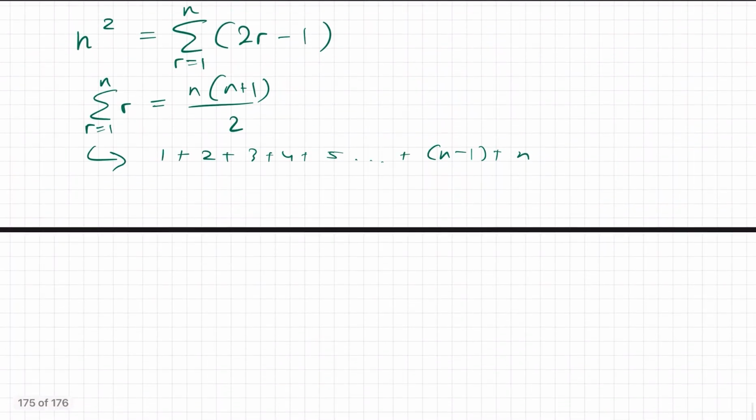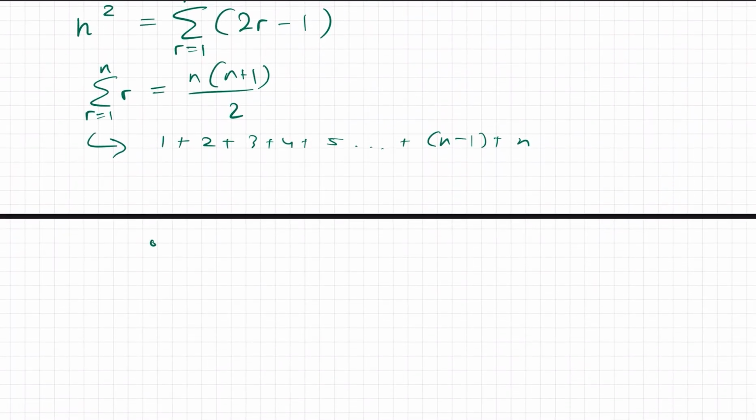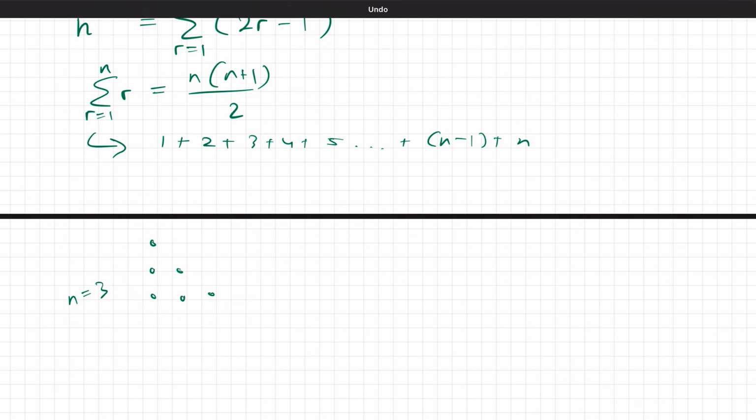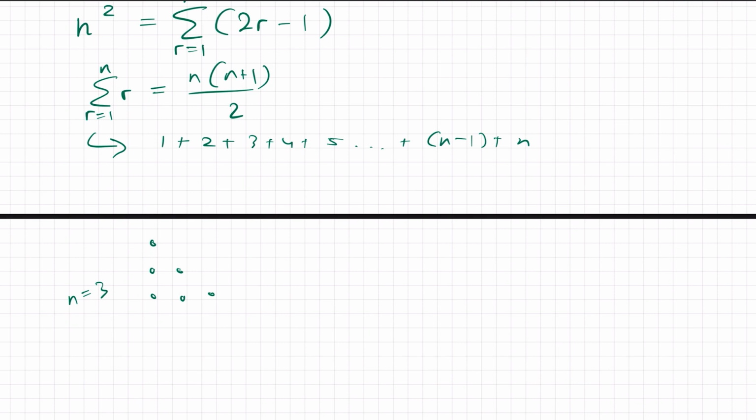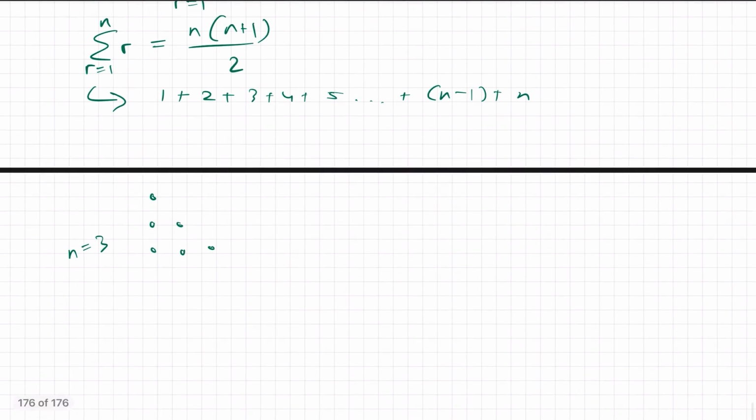The way you prove this is using the fact that for any triangle number, you're going to have dots like this. So if n was equal to 3, the third triangle number has 6 dots, and that's true because 3 times 4 over 2 is 6. The way you prove this is you create a copy of this triangle and put it on top of itself, like so.